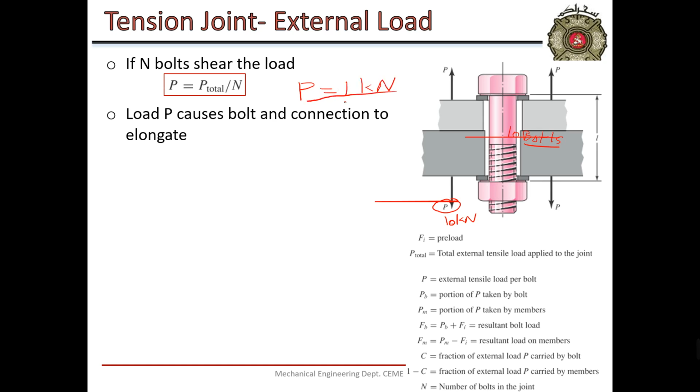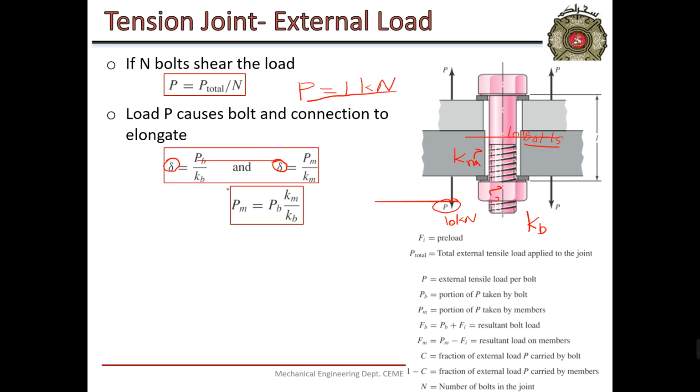Out of this 1 kilonewton, how much load is resisted by the bolt and how much load is resisted by the members, we can calculate by kb and km that we have previously calculated. The amount of delta will be the same, the amount by which the bolt is tightened and the amount by which the members are compressed.